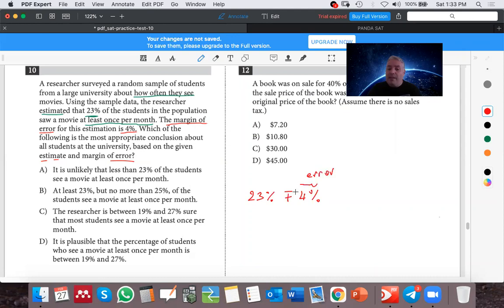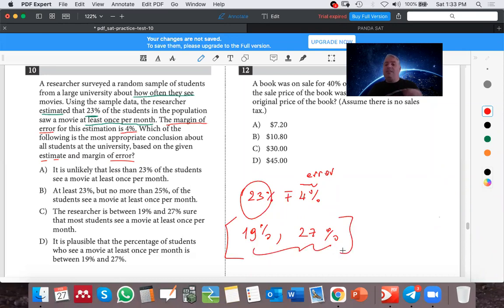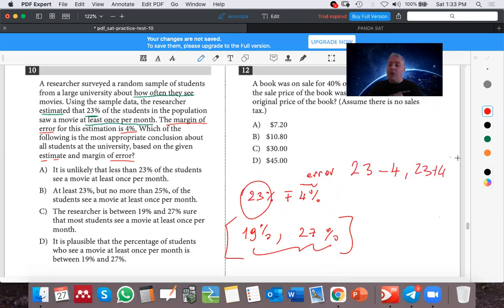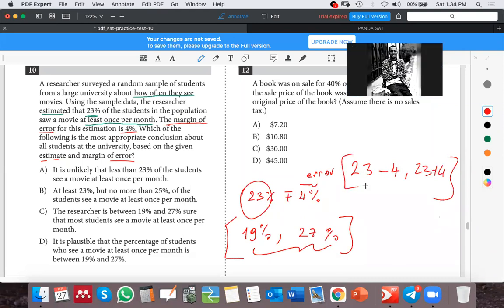What does it mean? This estimation could be at maximum 27%, at minimum 23 minus 4, 19%. So if the result is between them, it is acceptable. This is the confidence interval. Is this clear? 23 minus 4 and 23 plus 4 is the confidence interval, which means acceptable. It means this work is done well.